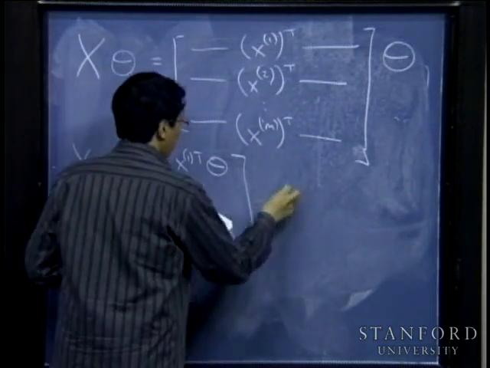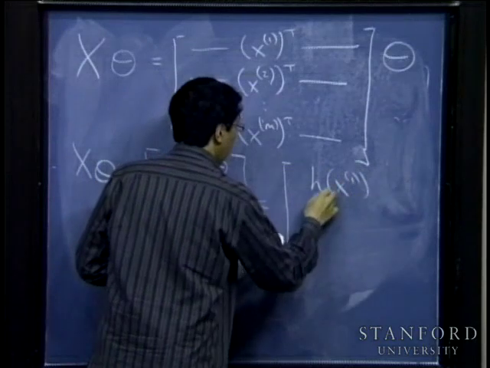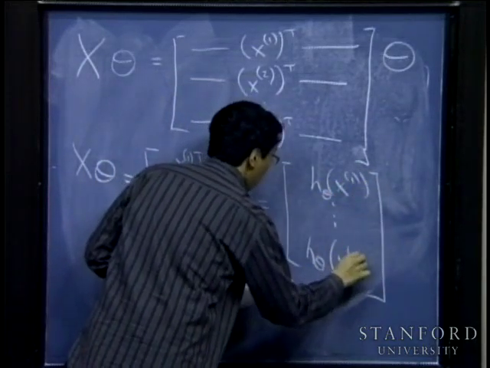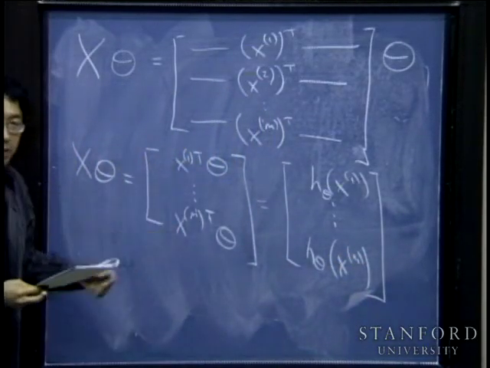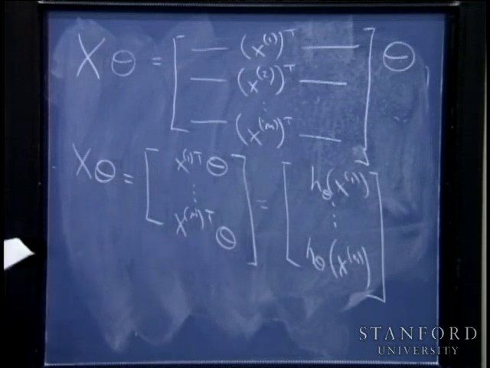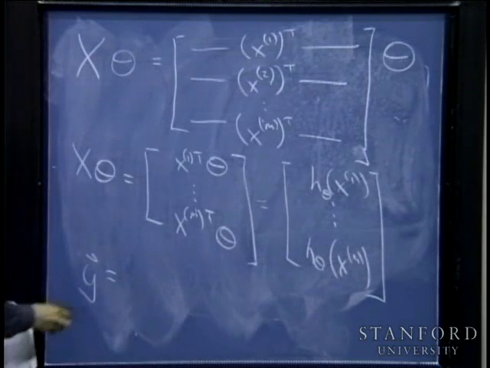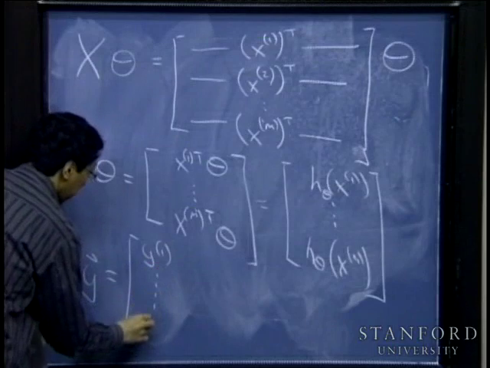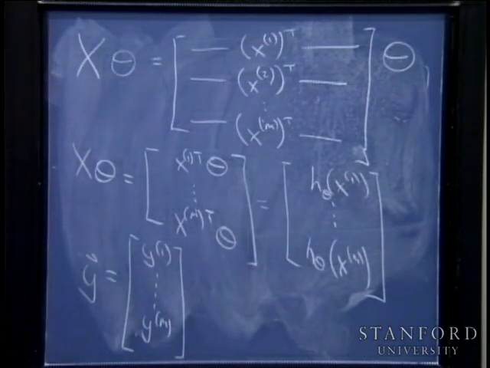And this is, of course, just the predictions of your hypothesis on each of your m training examples. Let me also define the Y vector to be the vector of all the target values Y1 through Ym in my training set. So the Y vector is an m-dimensional vector.